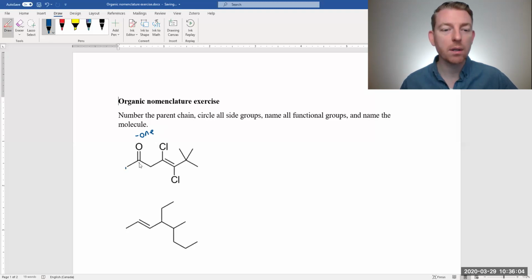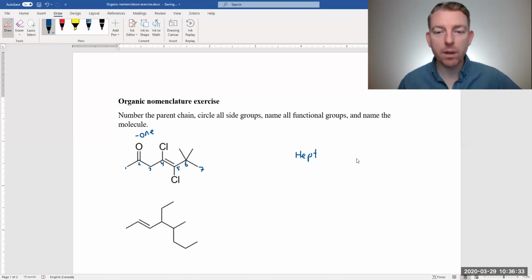So 1, 2, 3, 4, 5, 6, and now to get to whichever one of these, it actually doesn't matter. So we could pick any one because they're all the same length, so 7. So we know that we're going to have a hept in the root somewhere, so we might as well write that because it's 7 carbons.